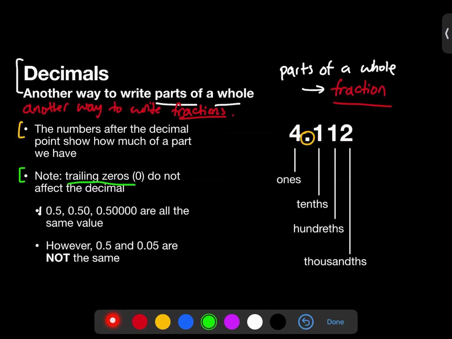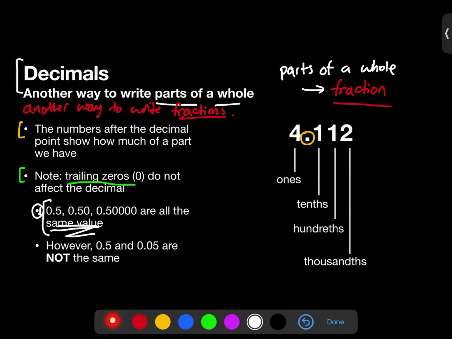For example, 0.5, 0.50, 0.500, 0.50000 are all the same value, right? Because trailing zeros, so zeros that come after, do not affect the decimal at all. So all these values are the exact same.